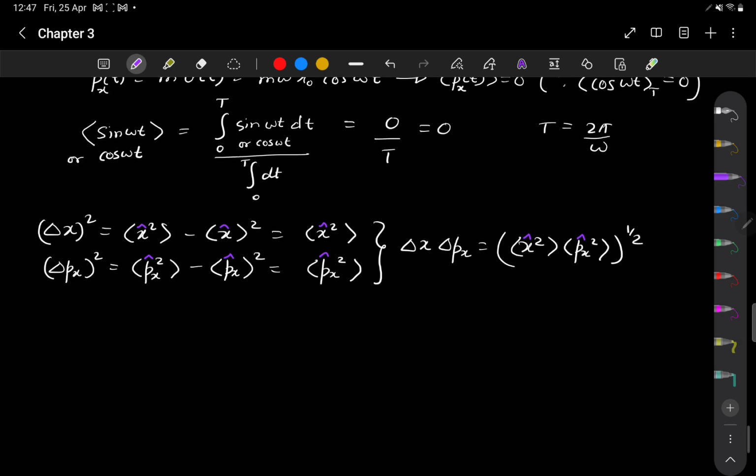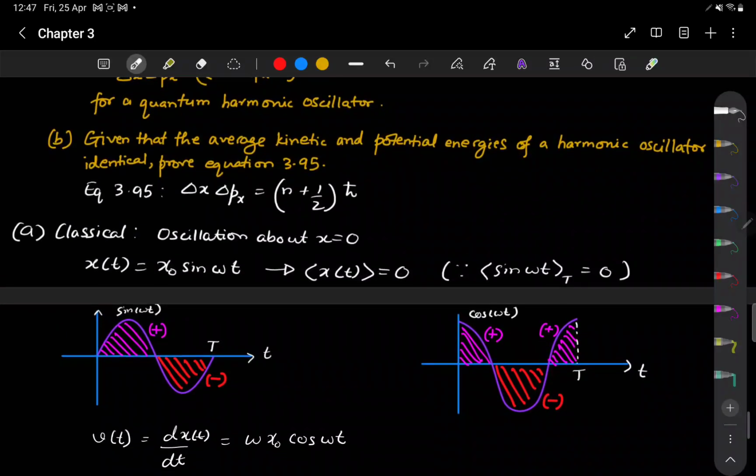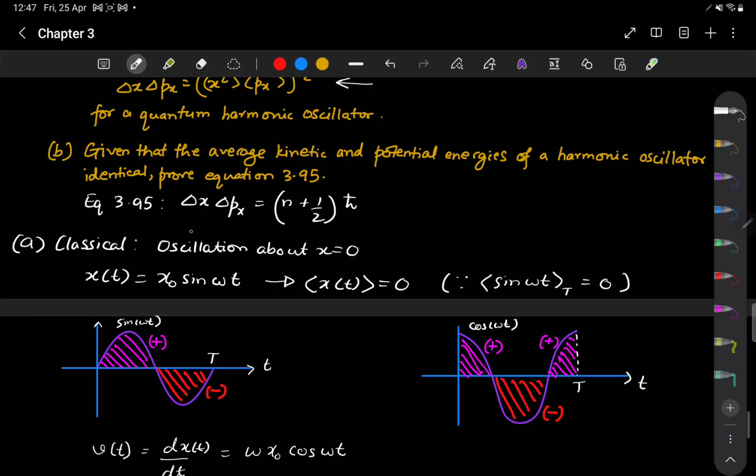Now we'll move to part B. In part B, we need to find out this uncertainty product for the non-ground state, even for the excited states, where n refers to the level or the state, and n equal to 0 is the ground state.